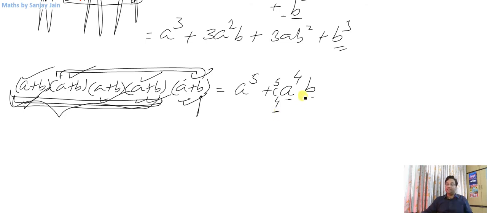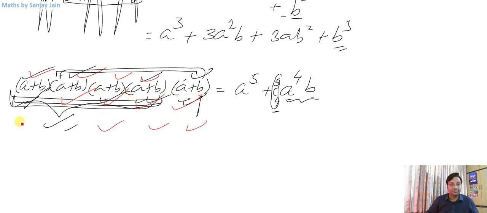Corresponding to each selection, I'll get 1 a raised to power 4 b. What I mean is, you can select 4 brackets out of these 5 in 5 ways, right? You can count these ways. I hope you already understand what I'm saying, right? One of the ways would be when you select the first 4, 1 2 3 4. This is one way. Then this is another way. Then this is another way.